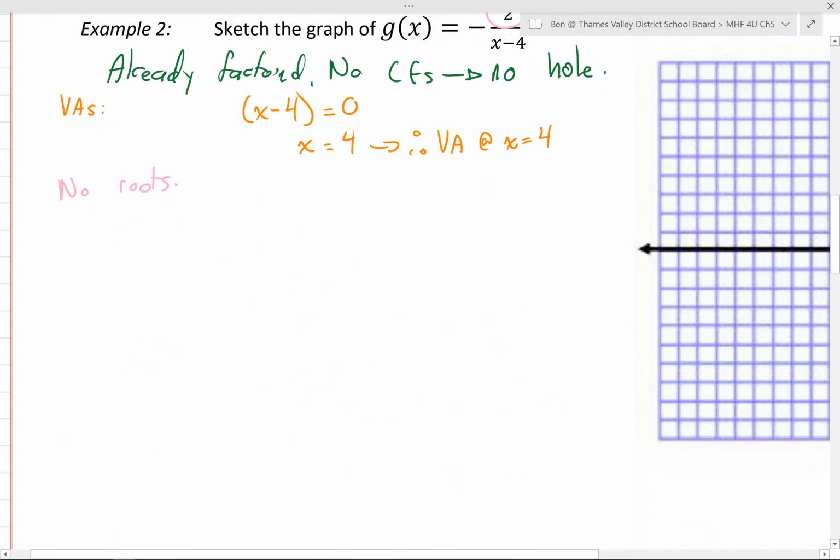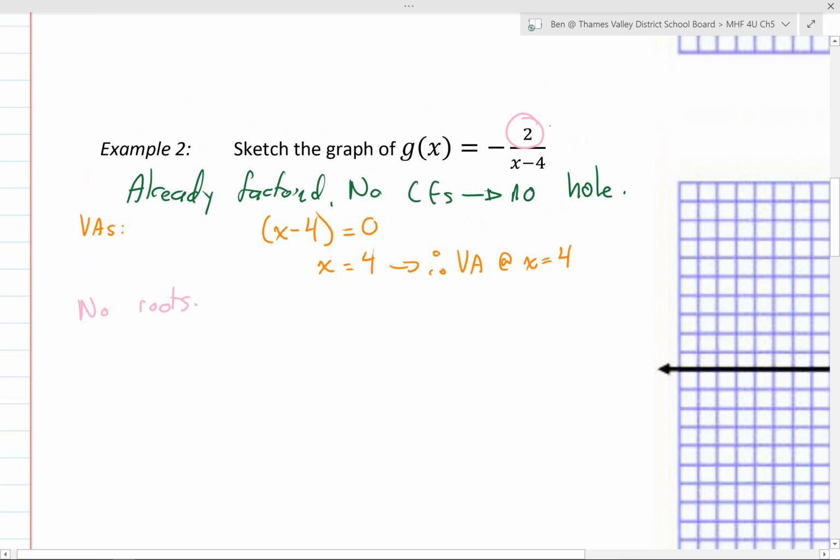This is from section 5.2. Here I'm comparing the degree of my numerator to the degree of my denominator. So I write horizontal asymptotes, that's what I'm looking for. The degree of my numerator is less than the degree of my denominator.